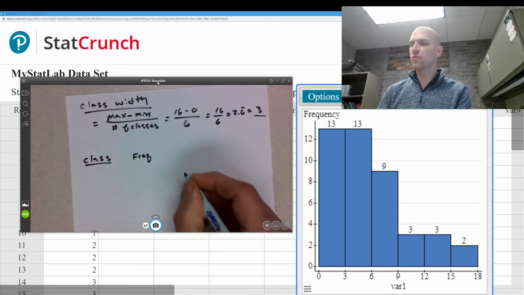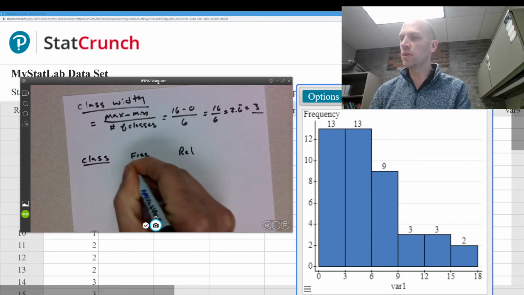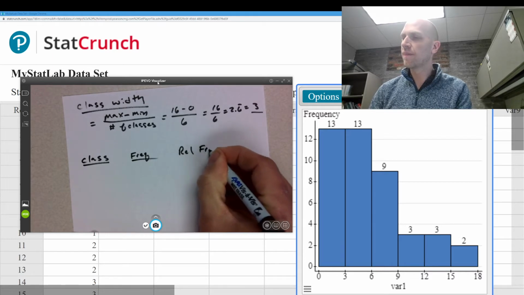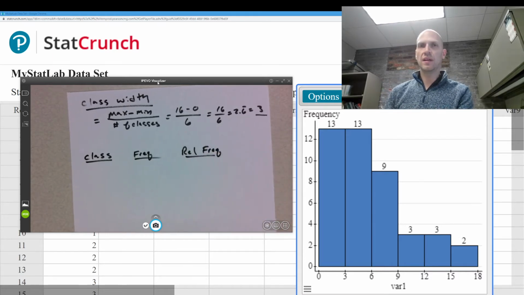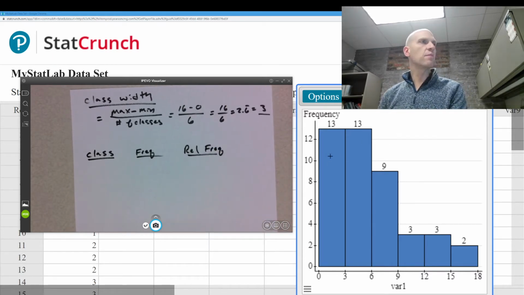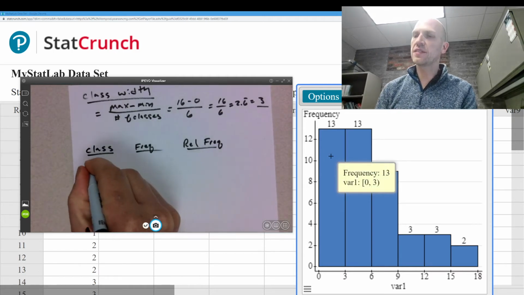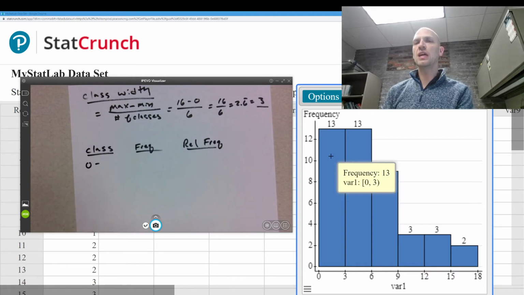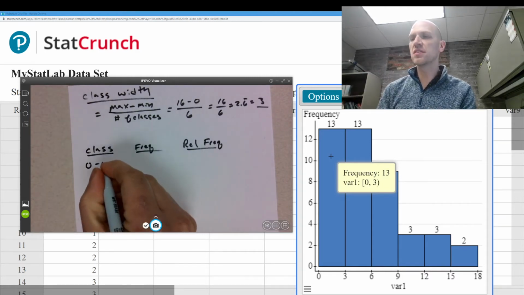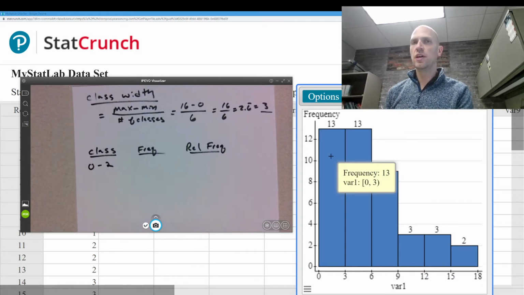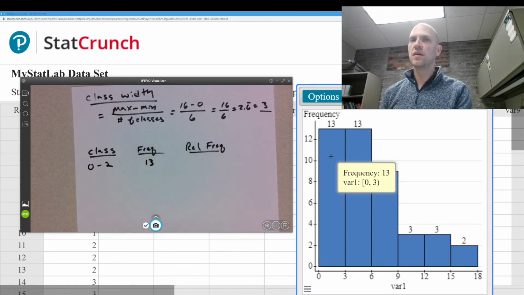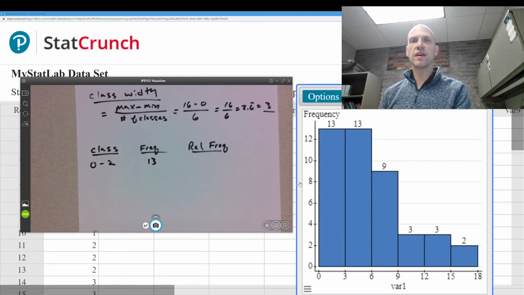I don't know if they ask for relative frequency, but I'll give it to them anyway. What's my first class? My first class ranges from 0 to 2. Like I said last time, the 3 has the parentheses, so it doesn't include 3, so it goes to 2. The frequency is 13. I'll get the relative frequencies later.